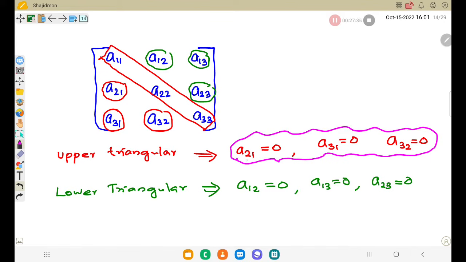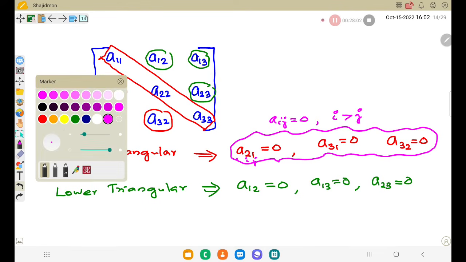See here i and j, you can say the suffix numbers. The first suffix is the bigger number: 21, 31, 32. That means Aij equals 0 when i is greater than j. The i number is the bigger number, 2 and 1, 2 and 1, ij, correct? So the upper triangular condition in a matrix is Aij equals 0 when i is greater than j.